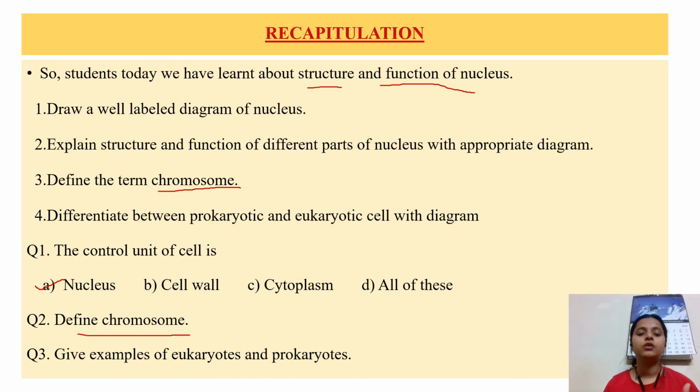Let me tell you: examples of eukaryotes are plants and animals, and examples of prokaryotes are bacteria and blue-green algae. Don't forget that. Now let's move further.